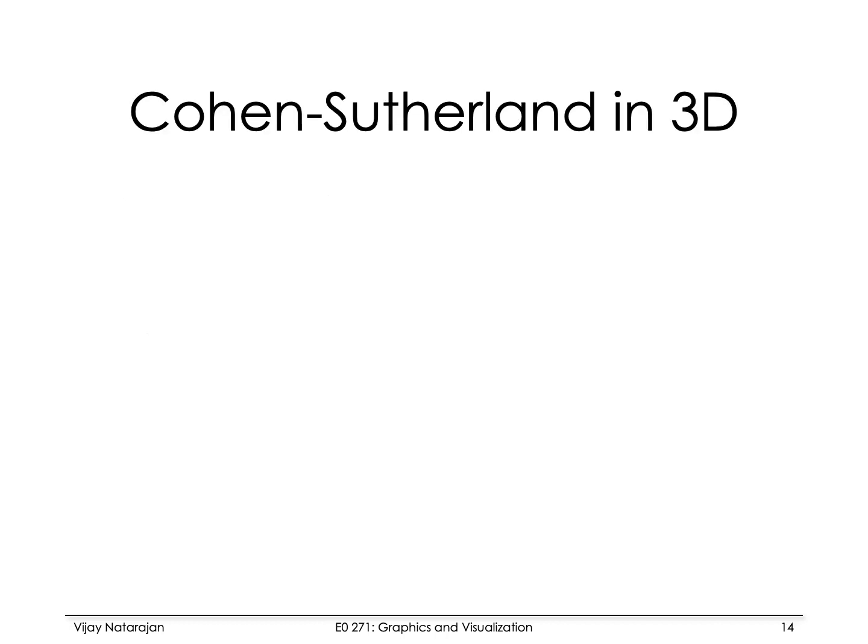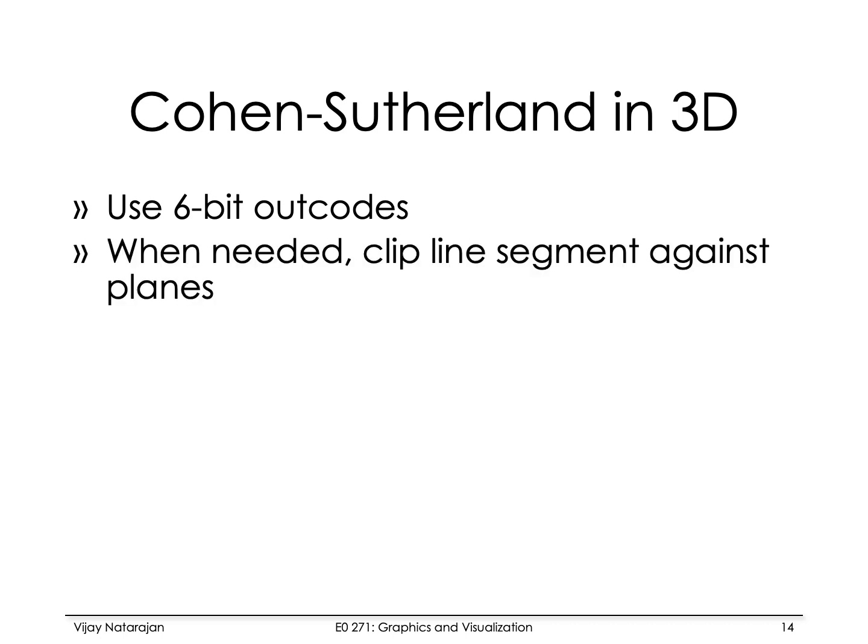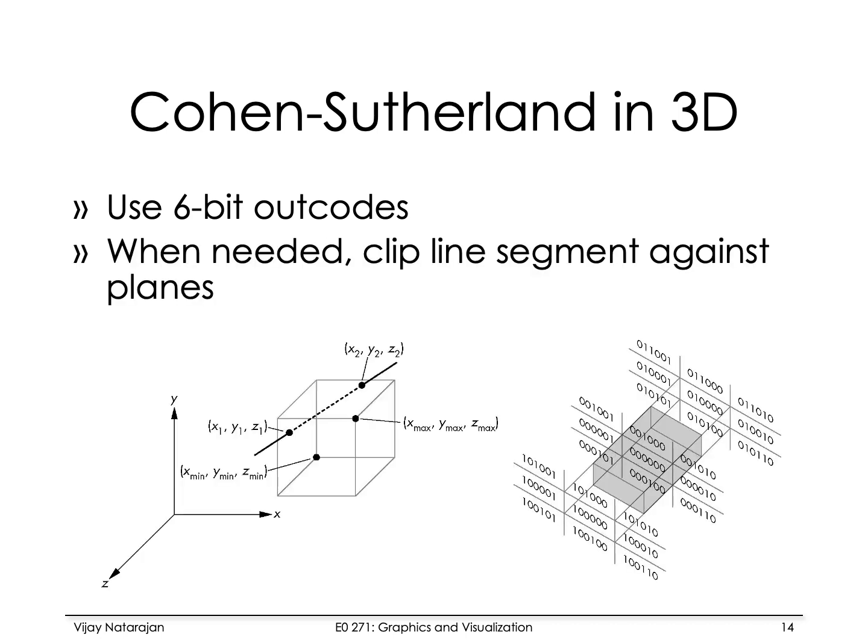Cohen-Sutherland in 3D works the same way. You have 6-bit outcodes, and the clipping now is with respect to planes rather than lines. And you have 27 different regions. Each one gets a 6-bit outcode.